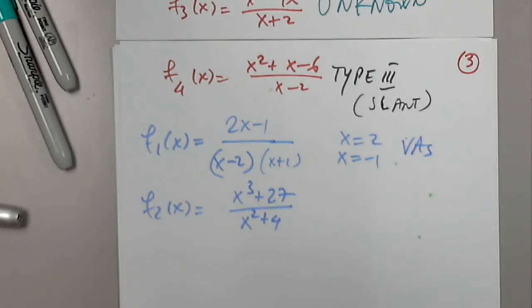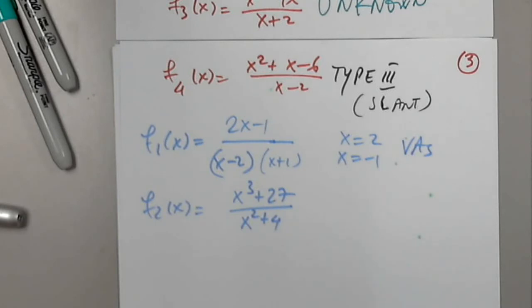What's the definition? When it's undefined, but when is a rational function undefined? Correct. So when a rational function is undefined, it will have vertical asymptotes. But when is a rational function undefined? When the denominator is 0.